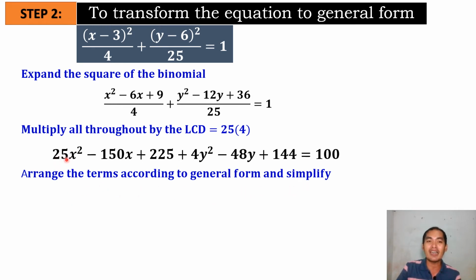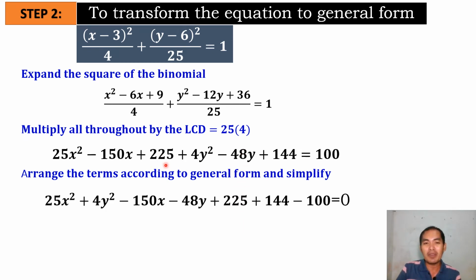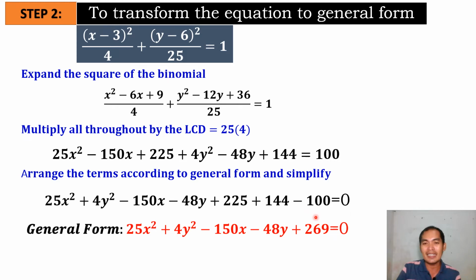Ang general form natin ay nauna yung x. 25x squared, then followed by yung y squared, plus 4y squared, then followed by x, negative 150x, followed by y, negative 48y, then simplify the constant, 225 plus 144, transpose 100 to the left, maging negative 100, and we have the answer, 25x squared plus 4y squared minus 150x minus 48y plus 269 equals 0. This is now the general form of an ellipse.